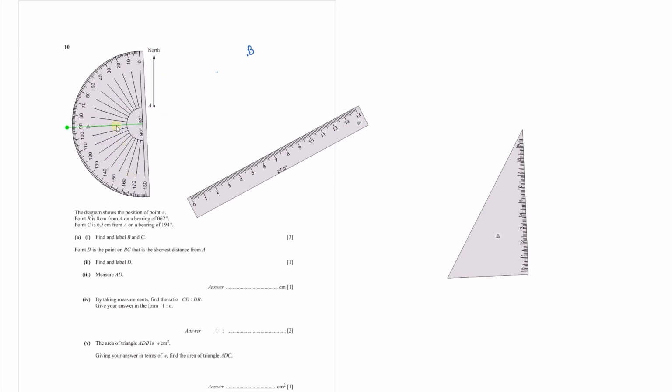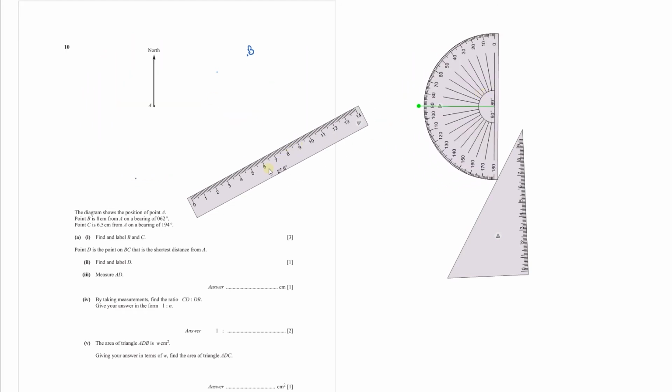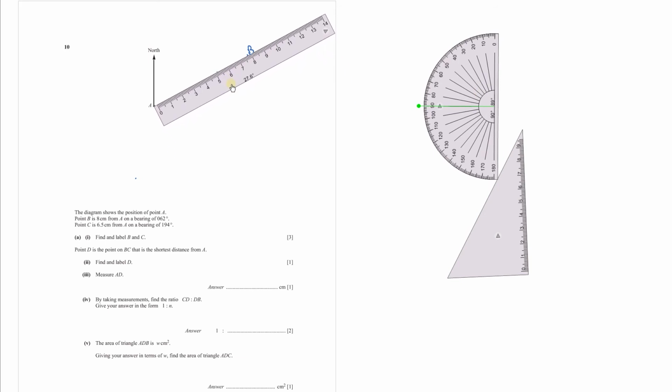So now I will align it like this, position it at A, and align my zero here. So 166 is this point, 160, 165, and 166 is this one. So now I can again use my ruler to find a distance of 6.5 centimeters.